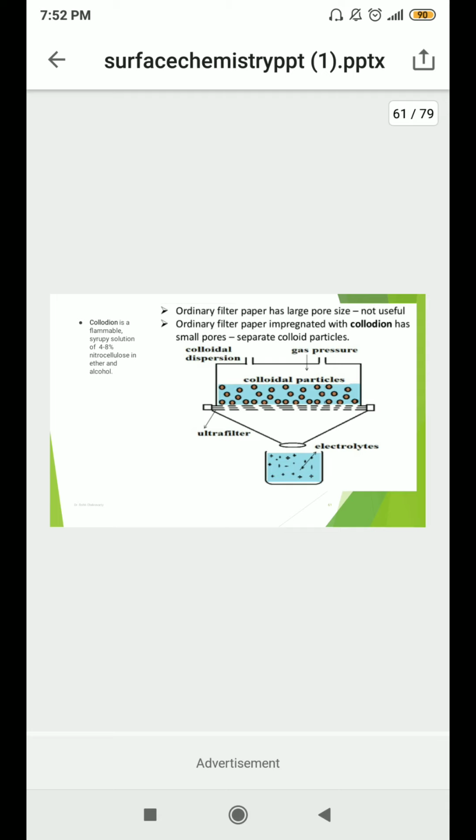Here you can see there is an ultrafilter, and the electrolytes come out of it. There will be application of gas pressure from the top side, so the rate of the process is enhanced. Ordinary filter paper has a large pore size, so it is not useful. Ordinary filter paper impregnated with colloidion has a small pore size and separates colloidal particles.